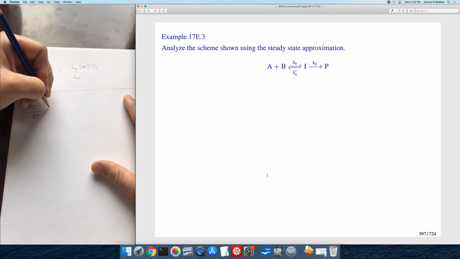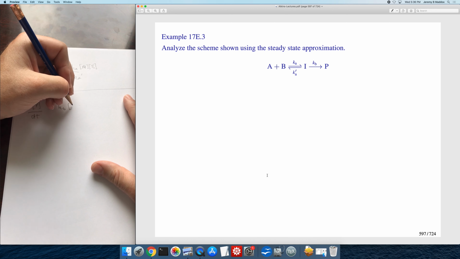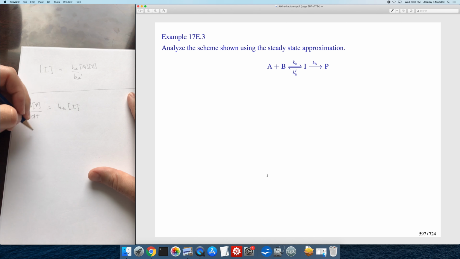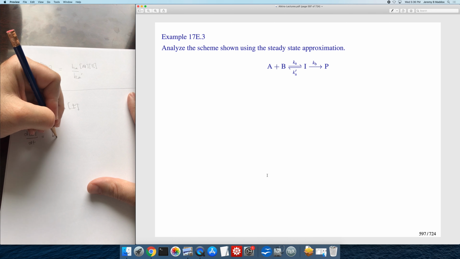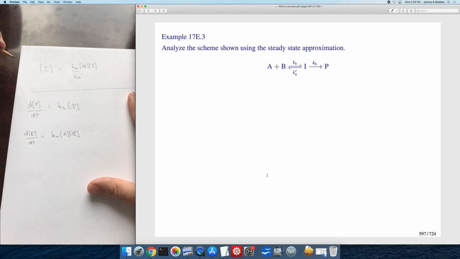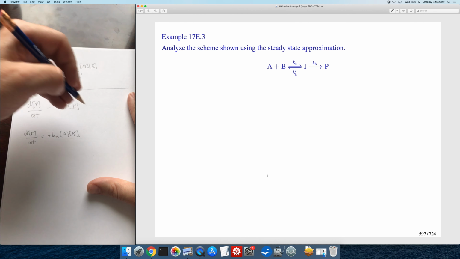So in that case, we've got Kb times I, and from the steady state perspective, we would look at dI/dt, and we see that the first step produces the intermediate, so it's plus Ka, a bimolecular reaction.